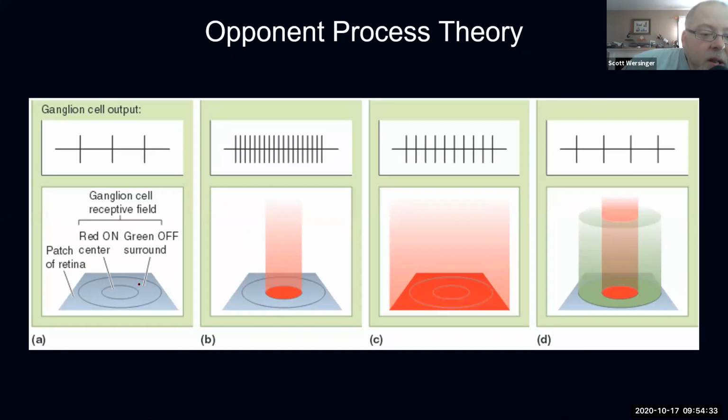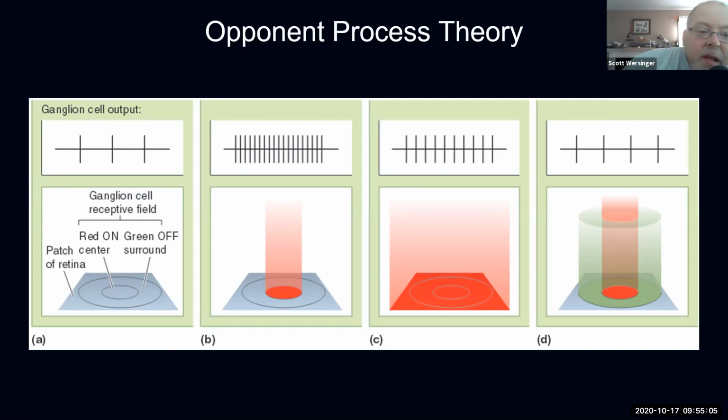So if we have just green light in the outside, that is going to decrease the firing rate. In this case, if we shine red on the whole visual field, we get an increase. Not as strong, but we get an increase. If we shine red light in the center, green on the surround, they kind of cancel out and we get no response.